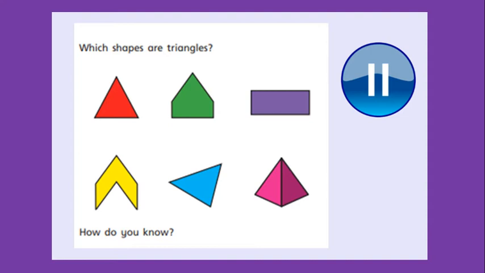Okay, and if you remember, the word triangle indicates it has three corners and three sides. So have a little look at these shapes. Pause the video if you need to. Figure out which ones are the triangles, and then we'll check on the next slide.